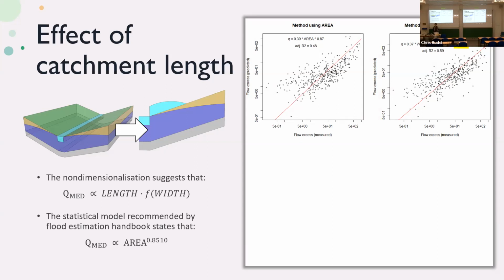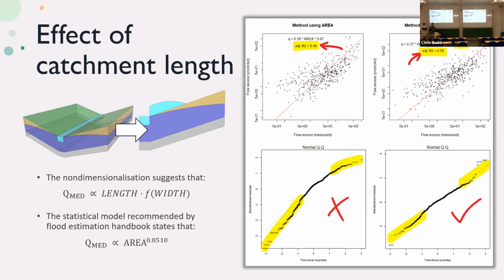And we can learn three exciting things from this model. First of all, indeed it seems like the flow is proportional to the length of the catchment. If you don't see, there's an exponent of 0.99. So the flow is basically proportional to the length within the confidence interval. Secondly, the fit quality also increased: the R squared value rose from 0.48 to 0.59.